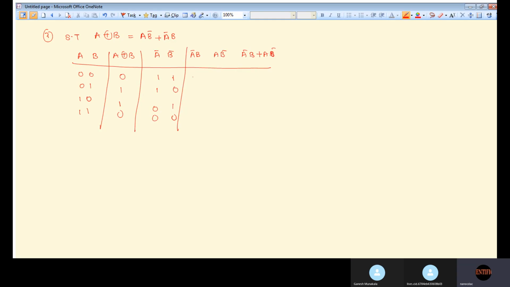Multiply this one and this one. What will you get? 0, 1 into 1 is 1, 1 into 0 is 0, 0 into 0 is 0. Very good. So what do you get for A bar B then?